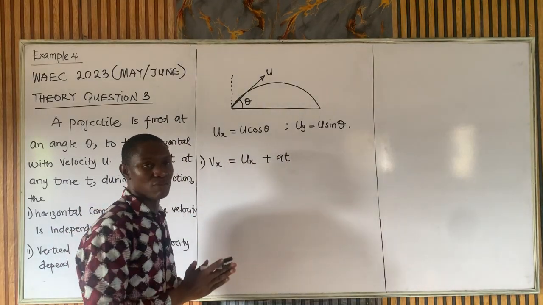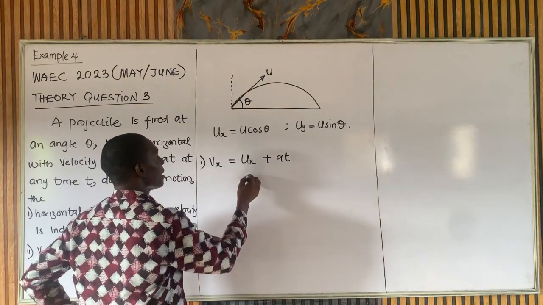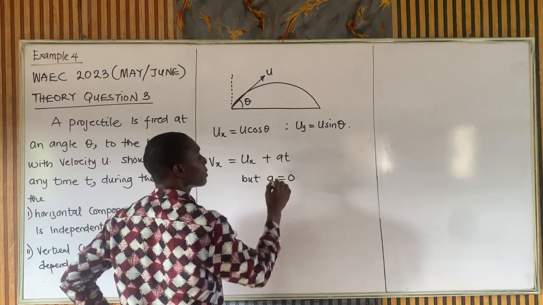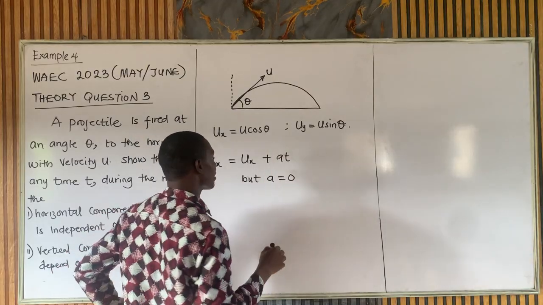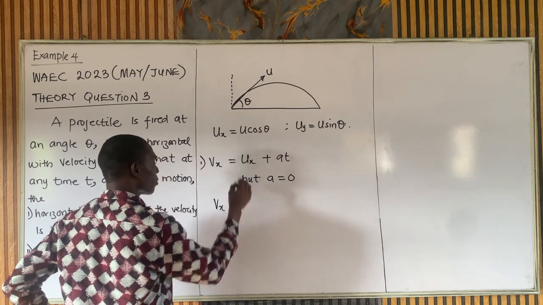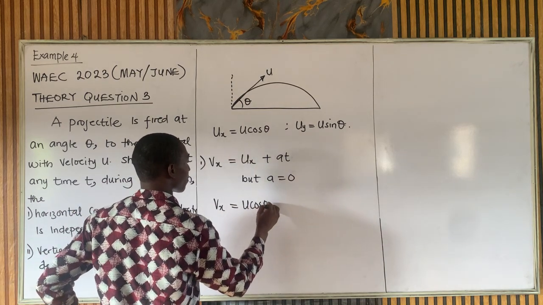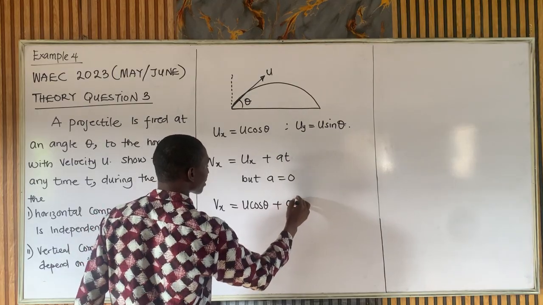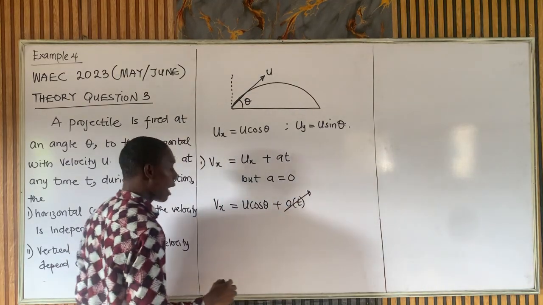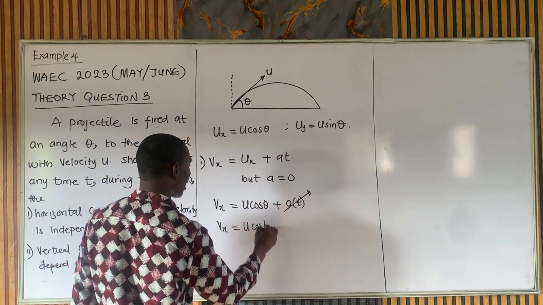But just like I've often said, once an object is thrown, the a is 0. As long as it's a projected object, a is 0. So therefore, your Vx is equal to ux, which is given as u cos theta, plus a, which is 0, times t. Eventually, this goes off, and we are left with Vx being u cos theta.